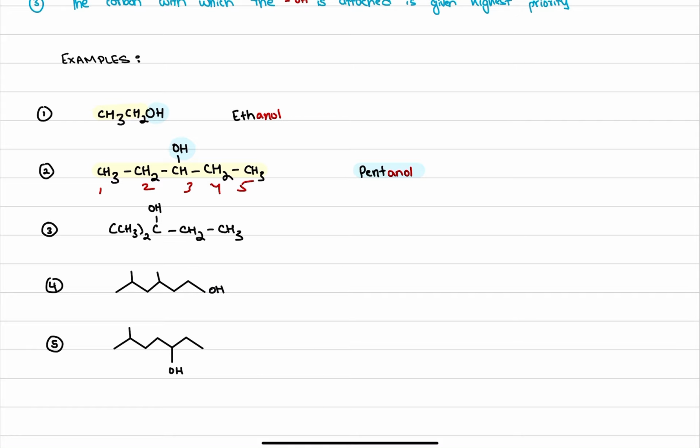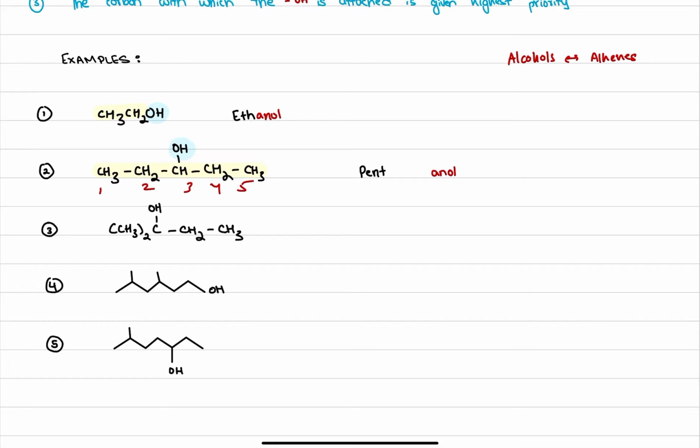Now, in the case of alcohols, the case is very similar to alkenes. So alcohols and alkenes have a very similar kind of naming, and the reason I say this is because we take this anol and we separate it from the pent.